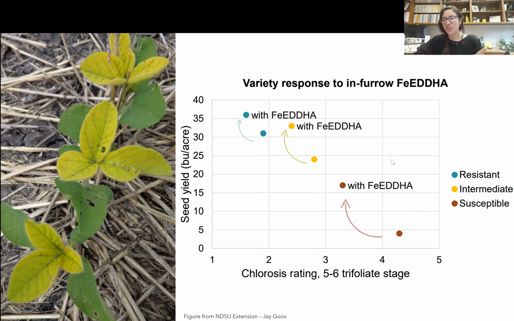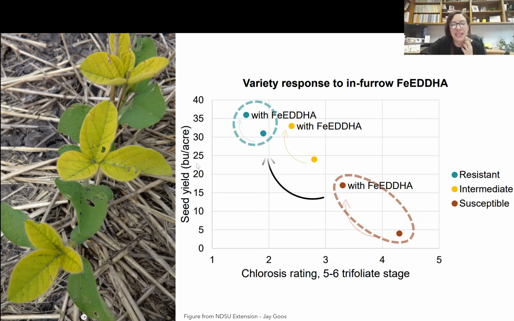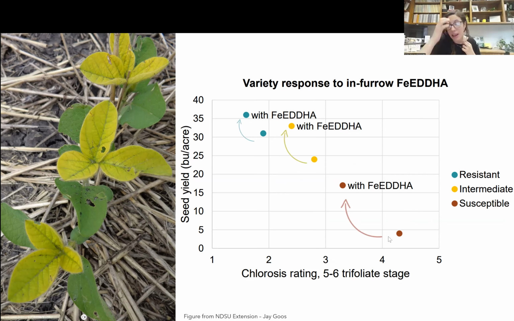And something that Jay Goos did a long time ago, he tried 3 different varieties, one that was resistant, another that was intermediate, and another that was susceptible. And he just treated with Soygreen, that's iron chelates, or didn't treat it. So you can see here the difference, okay?